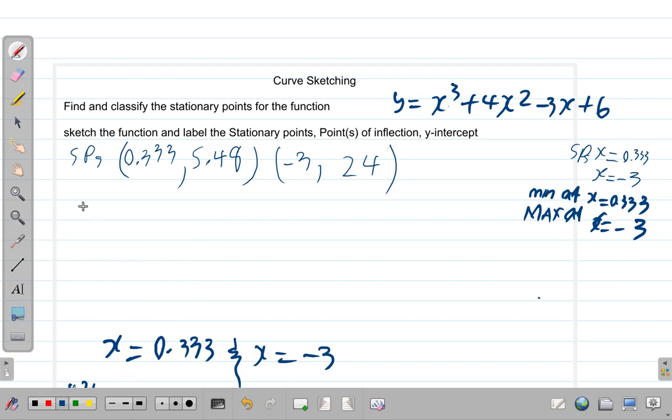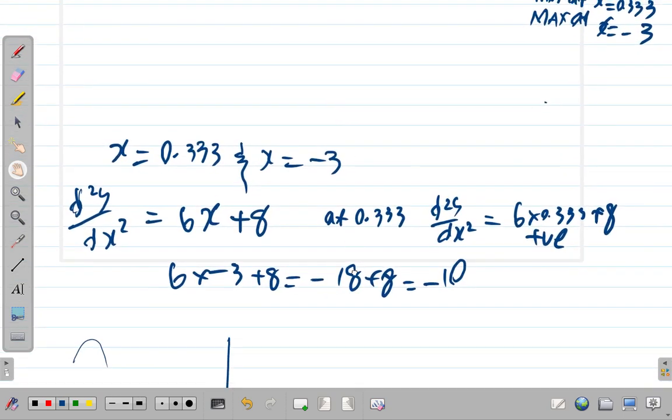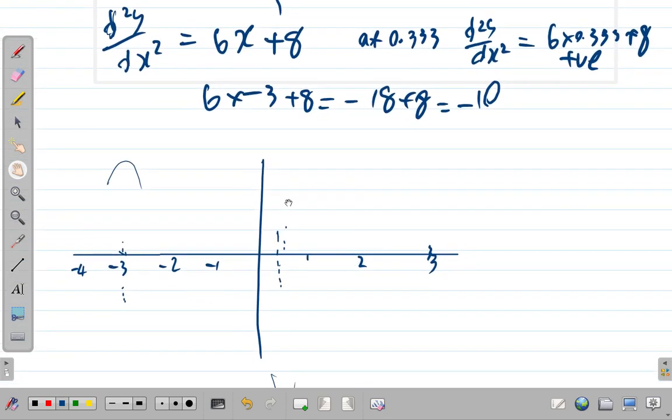So what we have here are 0.3, 5.48. Let's call this 5 up here. 1, 2, 3, 4. Call this 5. So 5, 6. 5.48 will be somewhere here. Just kind of line up with it.